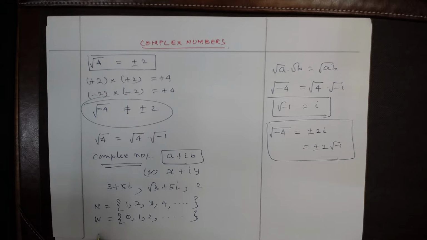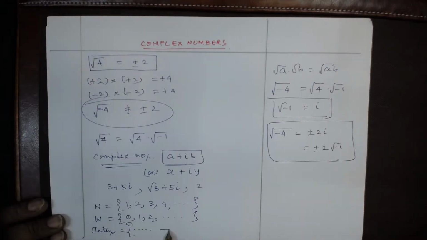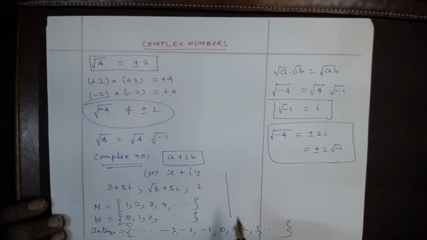The integers are represented as, starting from minus, minus 3, minus 2, minus 1, 0, 1, 2, 3, etc. The rational number can be represented by P by Q form. Rational number.